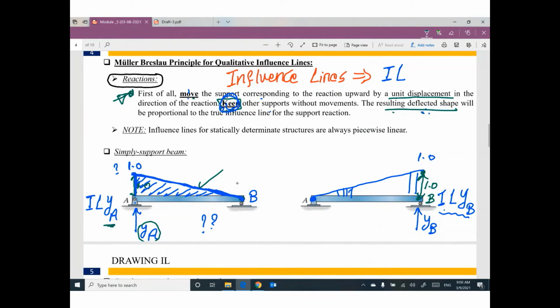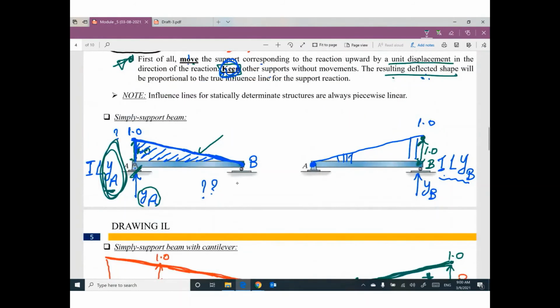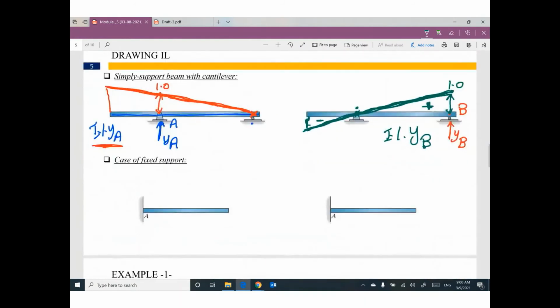Move the support that you are looking for, keep any other support as it is. The new shape, or resulting deflected shape, will be called the influence line for this action. And we learned the influence line for a simply supported beam and a simply supported beam with cantilever, this part.